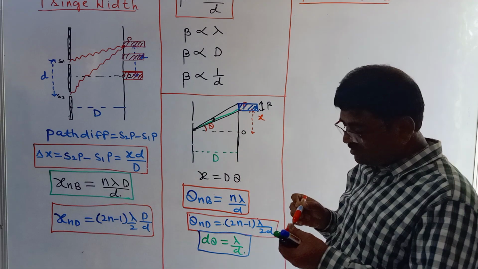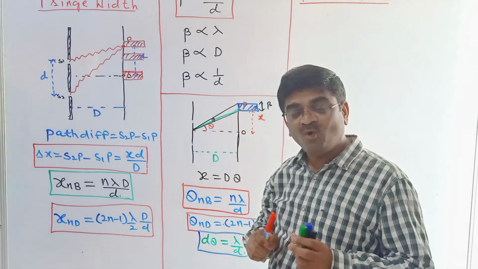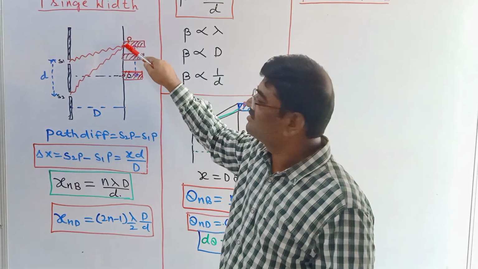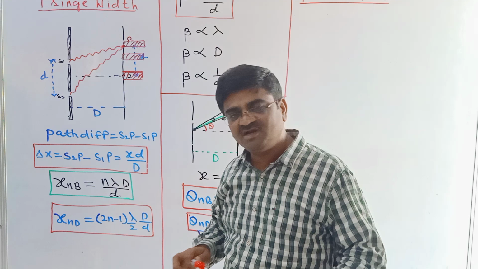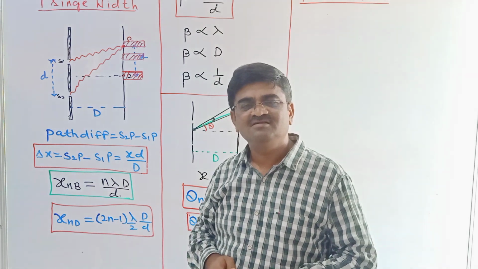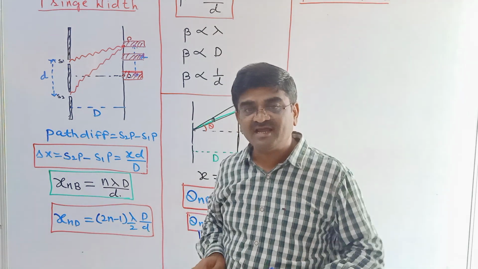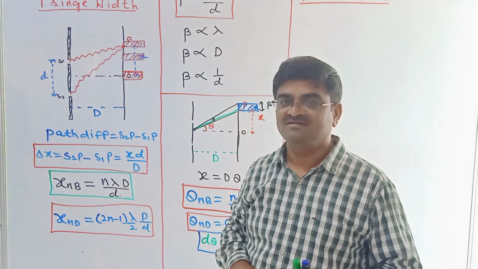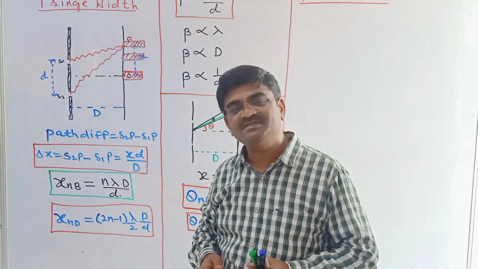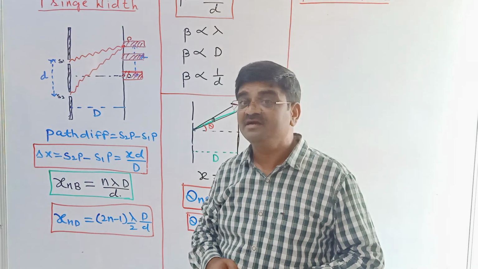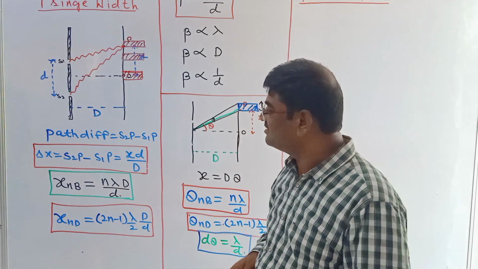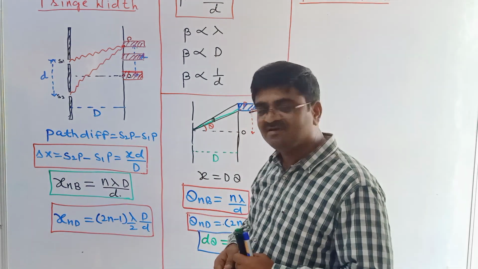Now you can see, without altering any of the parameters, I mean neither small d changed nor capital D changed, the only thing is the medium through which the emitted light propagates. And you know, when light travels from one medium to another, its wavelength will change. So that change in wavelength will affect all the parameters.